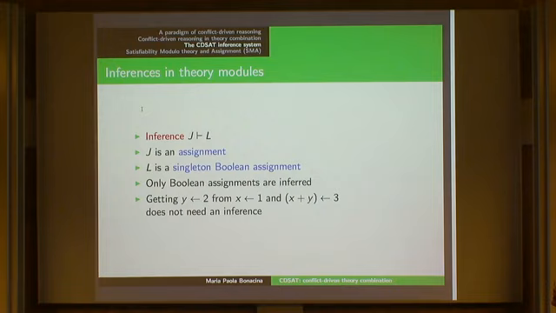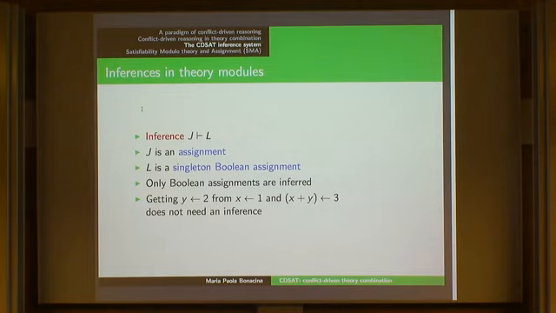Now, how do we define inferences? Inferences are pairs J inverse L, where J is an assignment and L is a singleton Boolean assignment. So inferences, by definition, only derive Boolean assignments. For example, getting y gets 2 from x gets 1 and x plus y gets 3 does not need an inference.